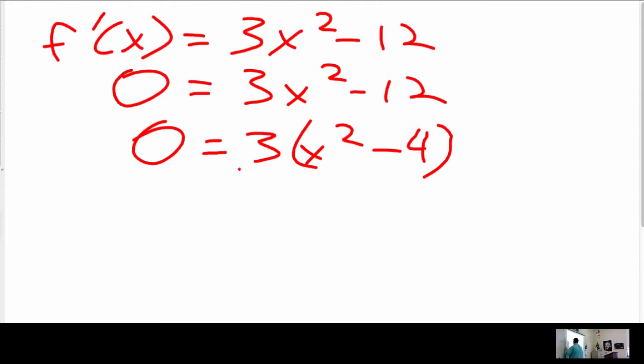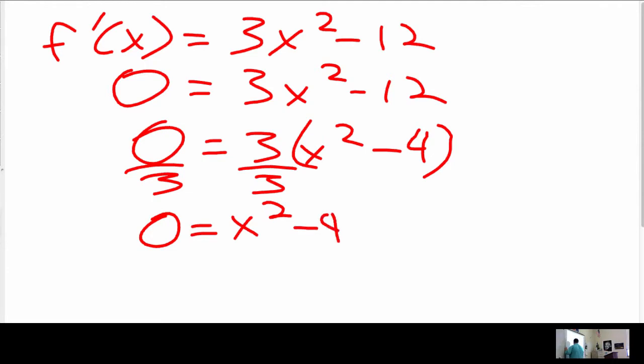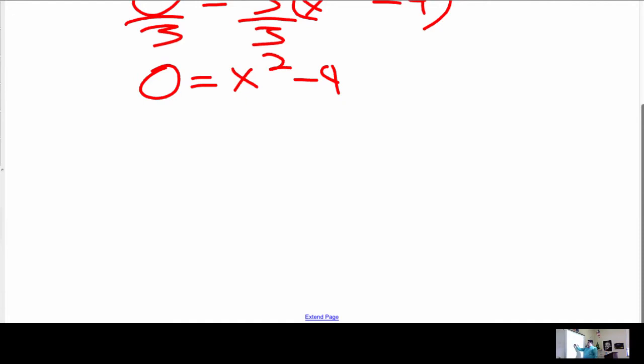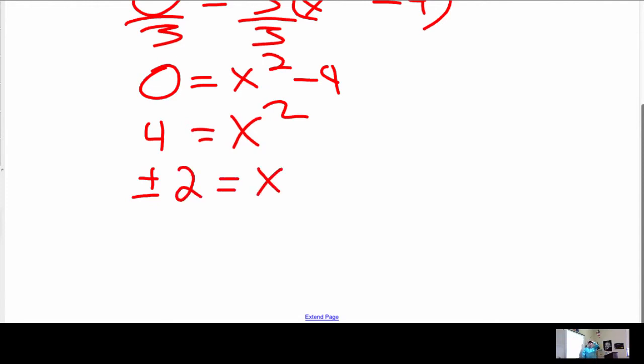And so by dividing both sides by 3, okay, I get x squared equals 4, or x equals plus or minus 2. Okay, does that make sense?